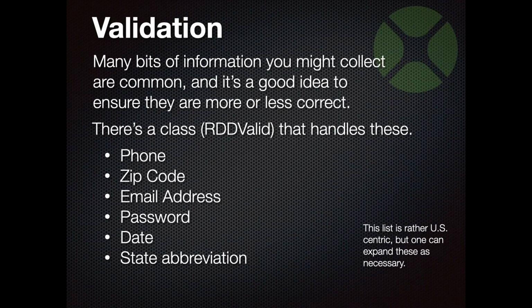Just before you're saving, you call the RDD valid class and pass it the control. If the control has its valid field property filled in, it checks to see what kind it is and does the appropriate validation. And for those of you who are not in the US, I'm sure you can figure out how to do validation for postal code.